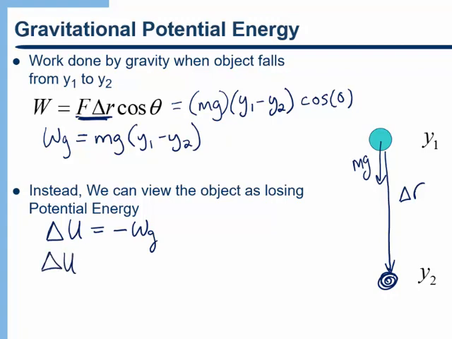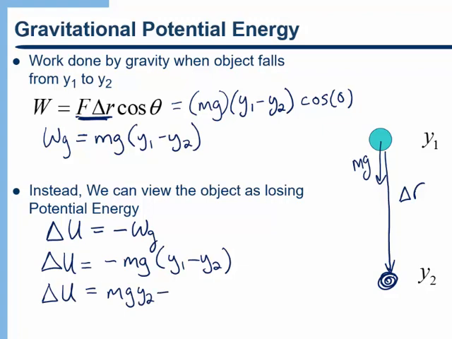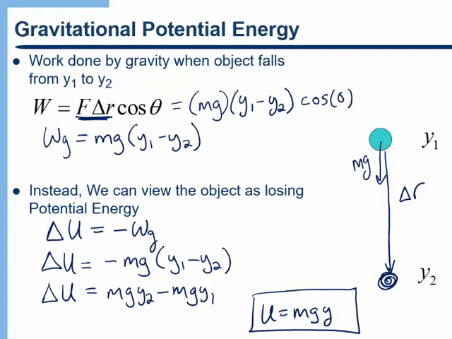Therefore, delta U is equal to negative mg (y1 minus y2). And if I distribute that minus sign, we see that delta U is equal to mg y2 minus mg y1. And if we think about it, what we've really just done is we've defined gravitational potential energy as mgy. So the change in gravitational potential energy is simply the final value of the potential energy minus the initial.